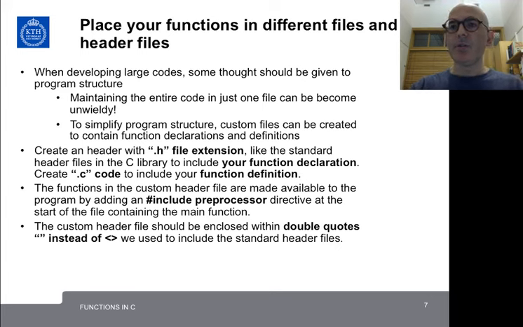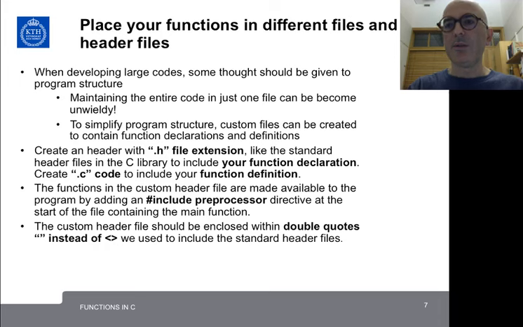If we put our functions in separate files, we need to create two different files. First, we create a header file with .h file extension to include our function declarations. We then create a .c file to include our function definition.